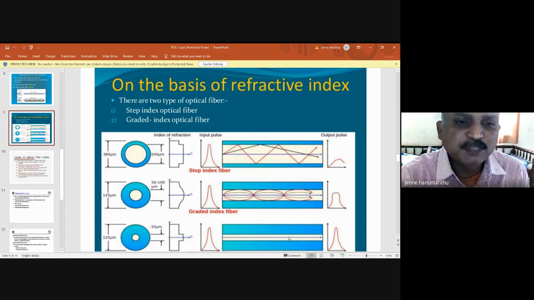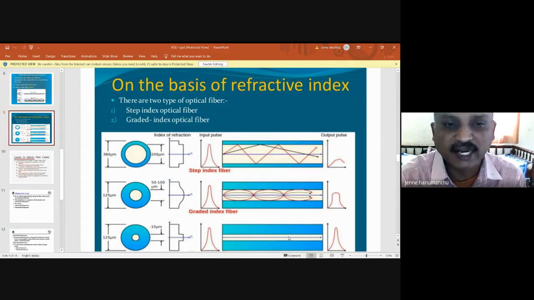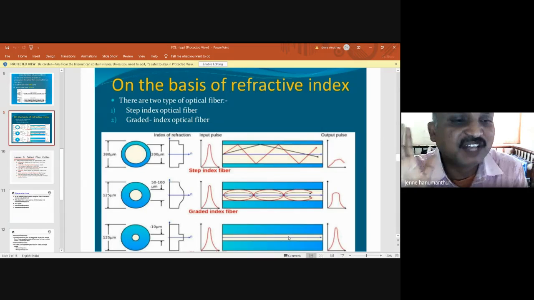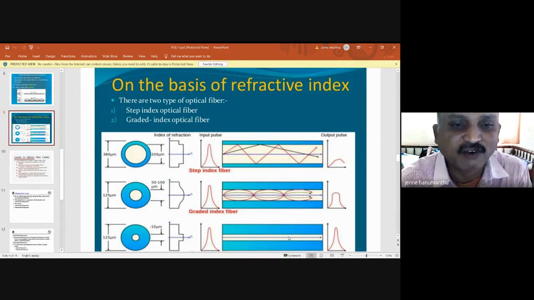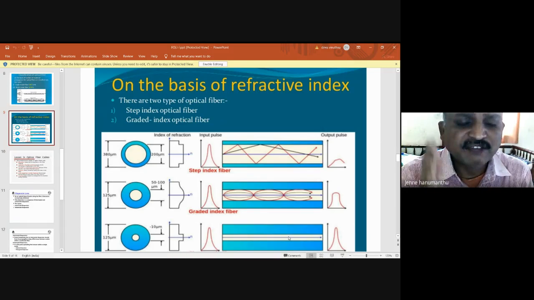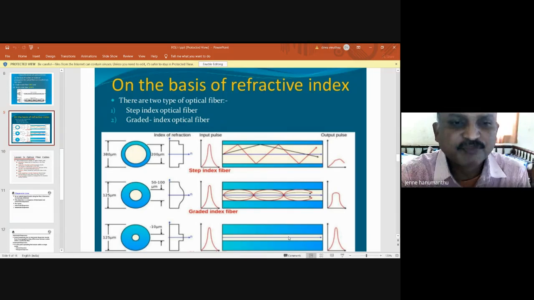When the light is propagating from one fiber cable to another fiber cable through a connector, if the connector is not a quality one, not properly connected, or if the splicer is not a good one, if it is not spliced rightly, what happens? Light is leaked.